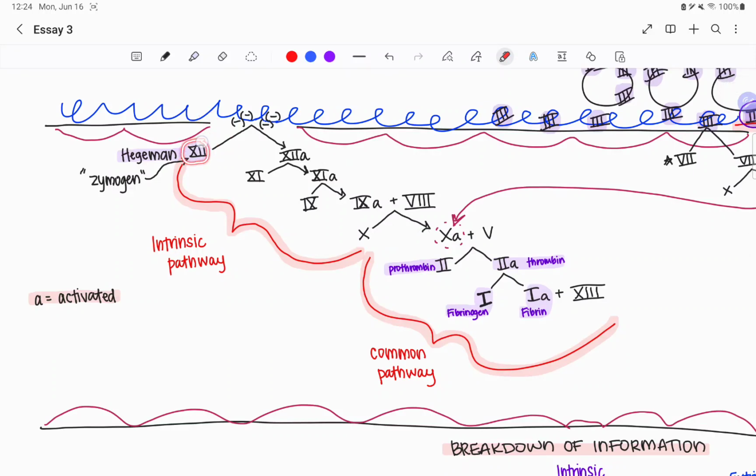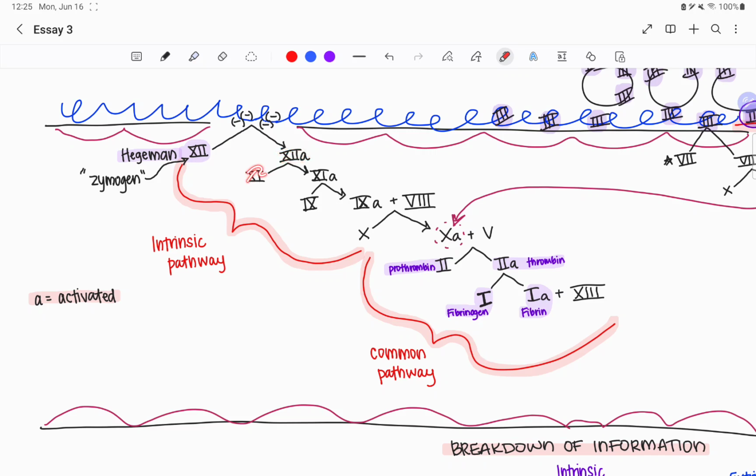Okay, so what happens is we have this factor called factor 12, or the Hageman factor. And when there's this opened up gap here, this site of injury, it opens up collagen, right? And collagen is negatively charged. And so when factor 12 interacts with those negative charges, it becomes factor 12A. Okay?